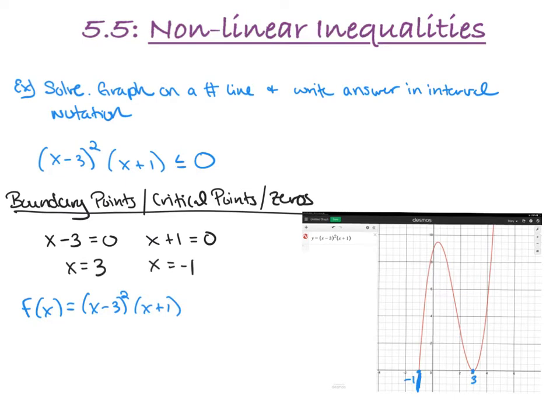So here's what we've got. If we're looking for the x values that make that function less than or equal to 0, we're looking for this region up to and including negative 1, and 3, just for a brief second, because it does equal 0 at 3. So what I wanted to show you by showing you the graph, we're not going to graph this just yet. That's for later in the semester.